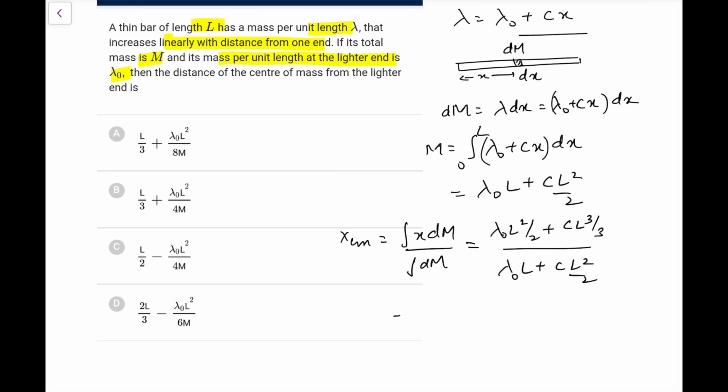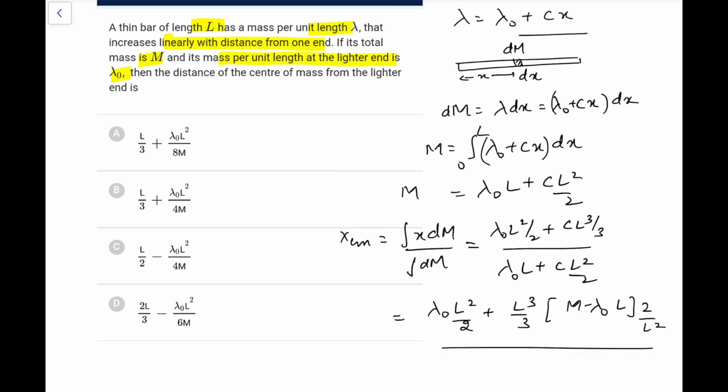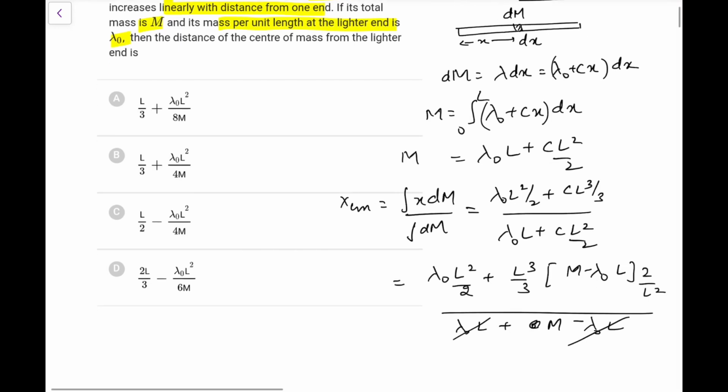So now this is going to be something interesting. You need to eliminate this C. So it would be lambda naught L square by 2 plus L cube by 3 into C. C L square by 2, I can directly write as m minus lambda naught L, that is, the total mass m.